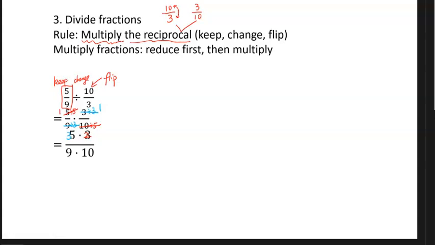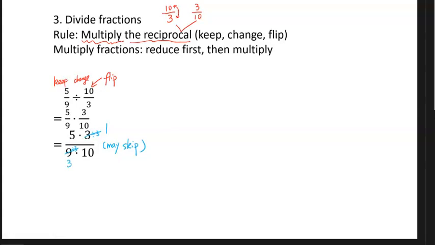Here, I actually did one more step, but you may skip this step. What I did was I multiplied 5 and 3. I do 5 times 3 because it's top times top and bottom times bottom. And then I reduced it down from here. For example, 3 and 9, they both have 3 in common, so divide both numbers by 3.